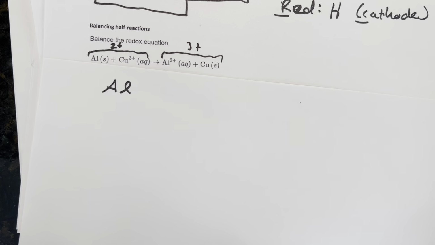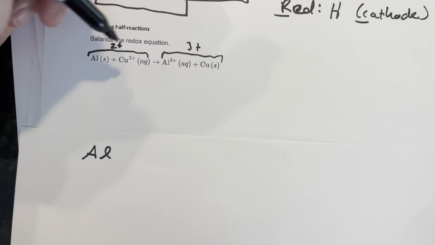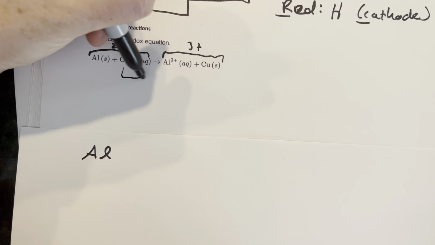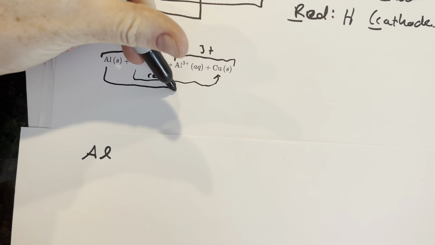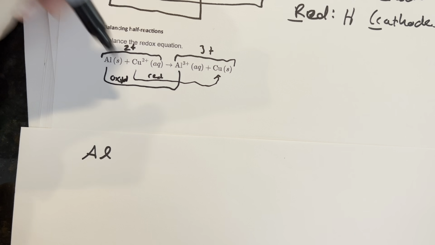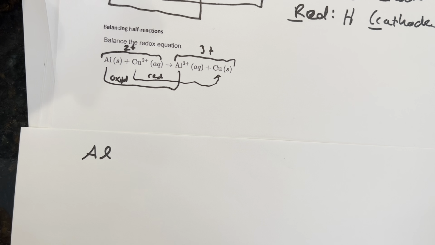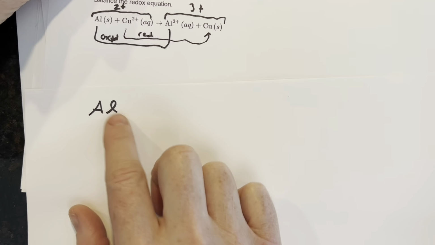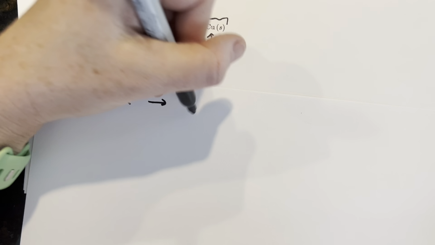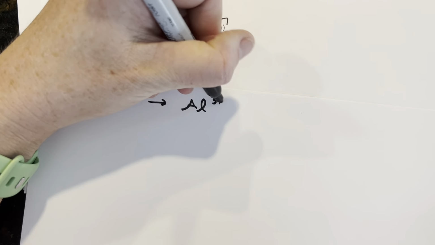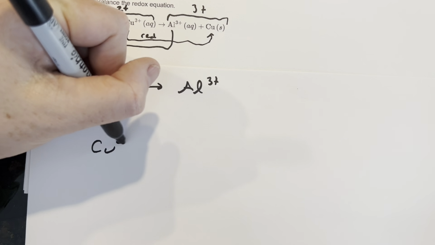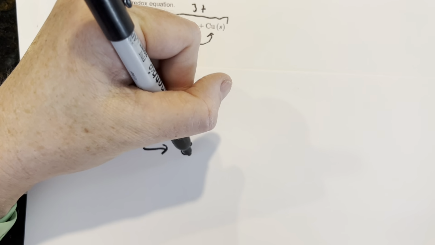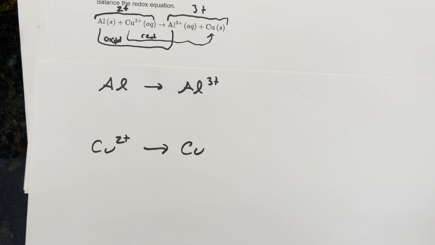Okay, so to balance it, what we're gonna do is split them into half reactions. You can pretty quickly see copper here was reduced, aluminum here was oxidized, and those right there are your half reactions. We're gonna look at the aluminum going to Al3 plus, and we will also look at the copper 2 plus being reduced to solid copper.